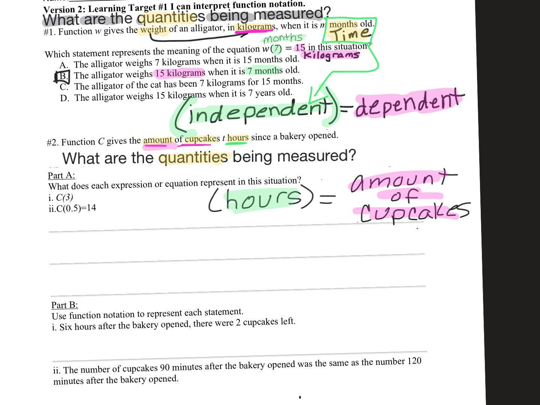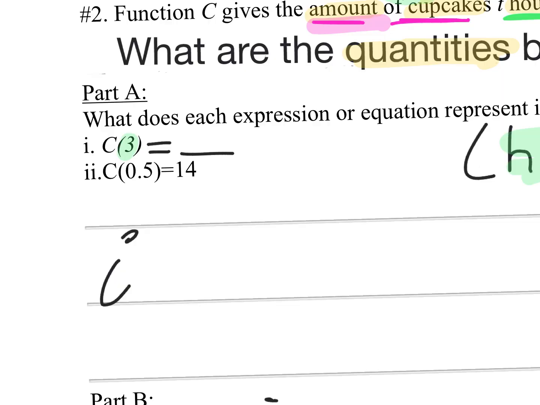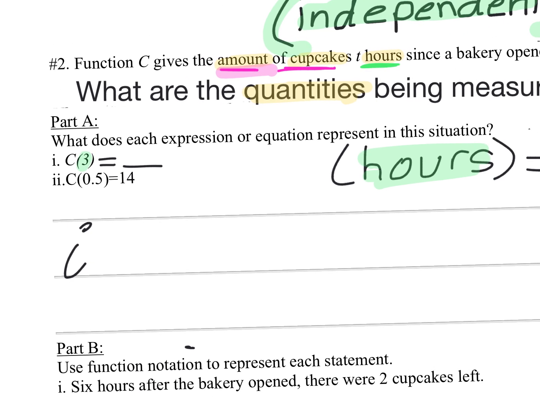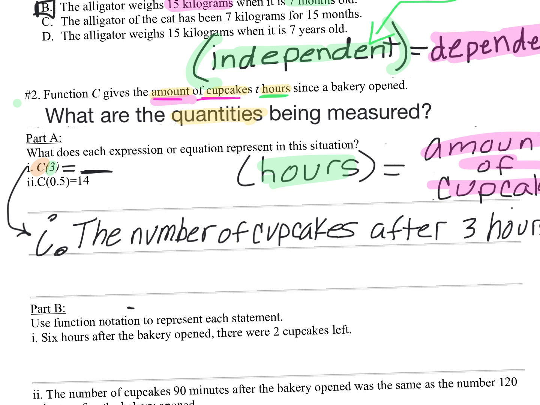So that means in letter I, the 3 represents hours because that is our independent variable. And it doesn't tell us how many cupcakes because there's nothing on the other side. So this is how we would write that.